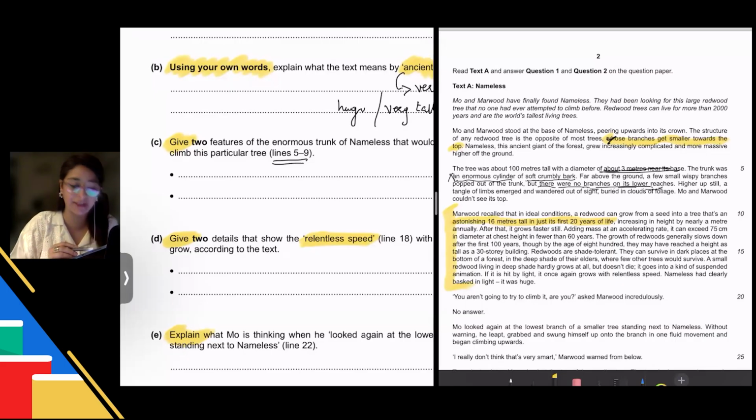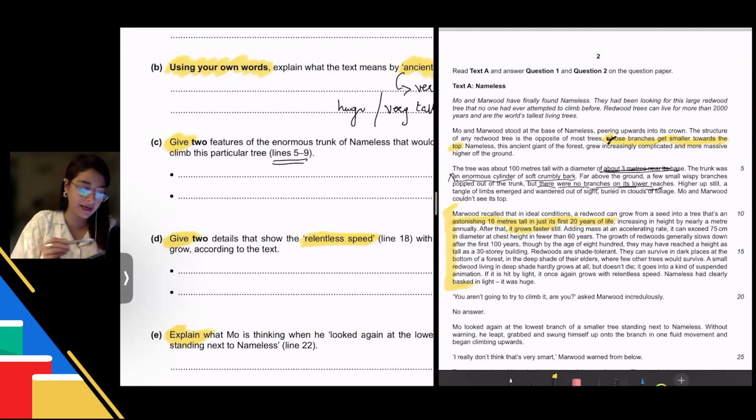Adding mass at an accelerating rate, it can exceed 75 centimeters in diameter at chest height in fewer than 60 years. So the way this has been highlighted, within 60 years, this tree grows a diameter of 75 centimeters. This is something that they're talking about, how it is growing faster still.